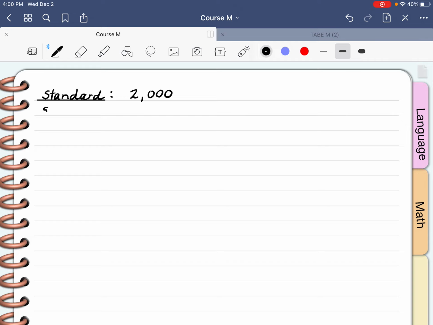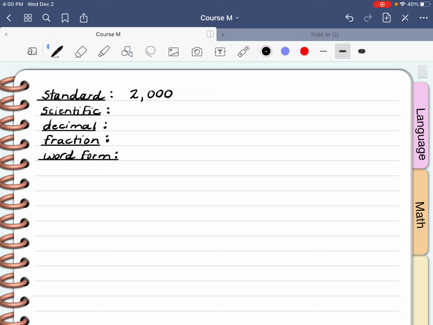I want to see if you can give me scientific, decimal, fraction, and word form for this value. So let's see if we can come up with our forms for all of these.